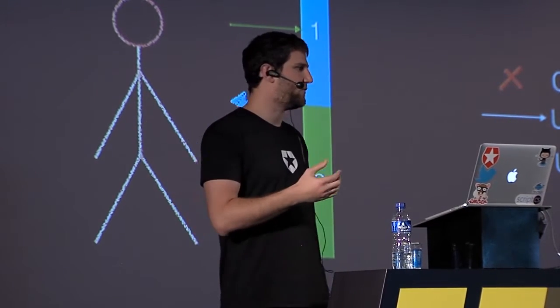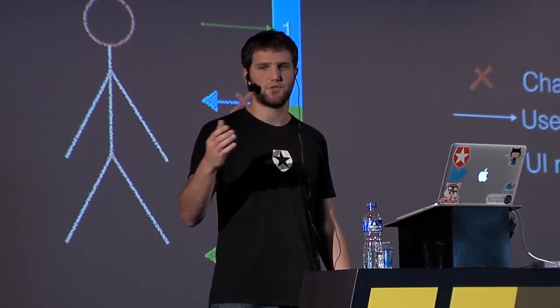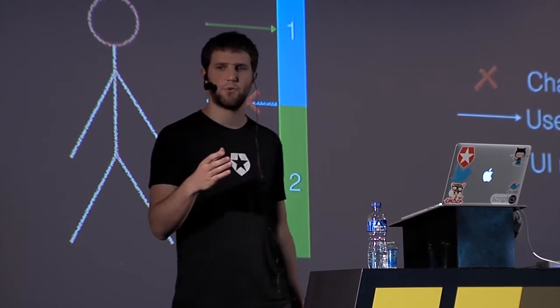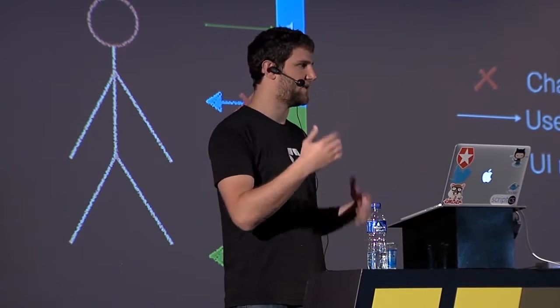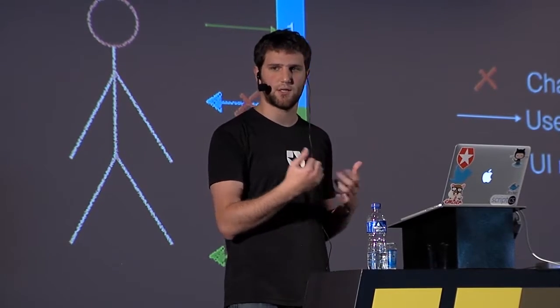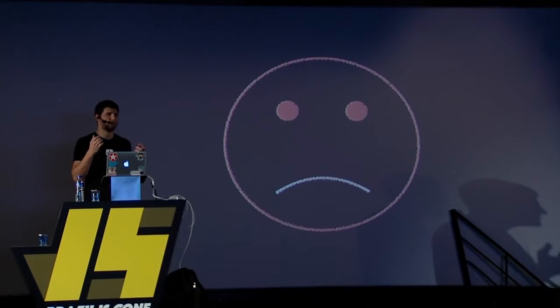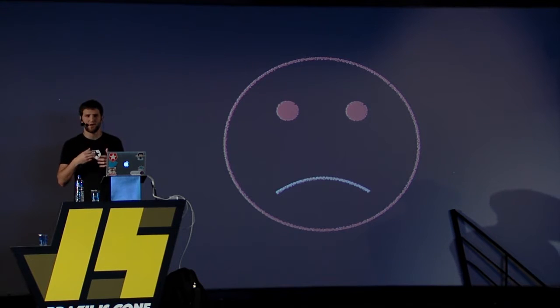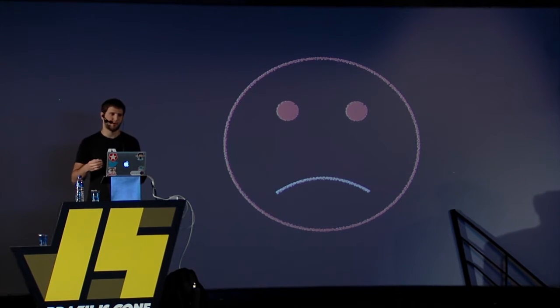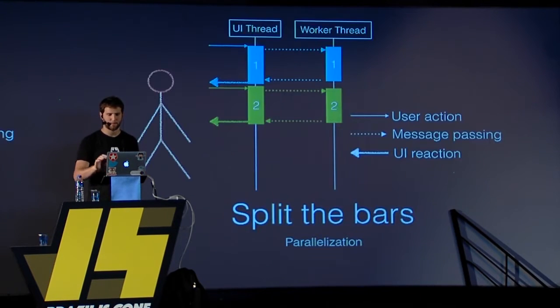Think of it as if you're playing a game like Counter-Strike or Half-Life on a laggy network, and you got killed before you even heard the shot that killed you. You would be really unhappy, right? So you want to be able to do all this stuff before the user notices that there's a delay. So you need to be faster than what we are right now.